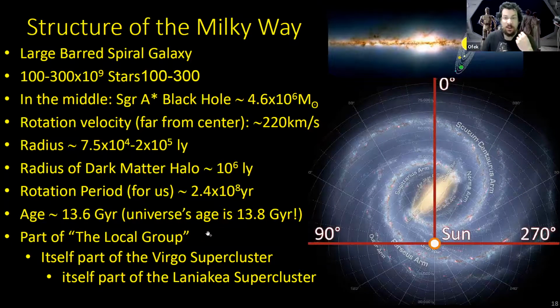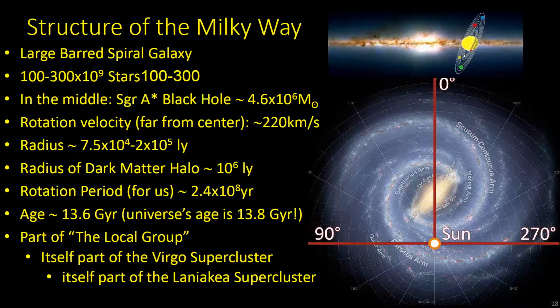It's part of what's called the local group of galaxies, which includes galaxies like Andromeda, M31, our very close neighbor and partner, and a very similar galaxy to our own, and other galaxies as well in the local group. The local group itself is part of the Virgo supercluster of galaxies, which itself is now part of what was only established in the last few years, the Laniakea supercluster of galaxies.